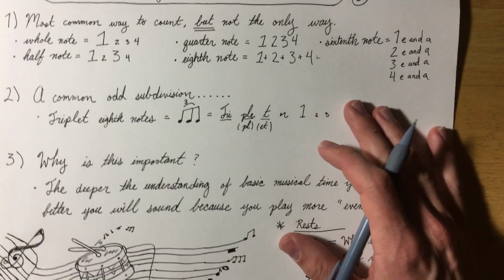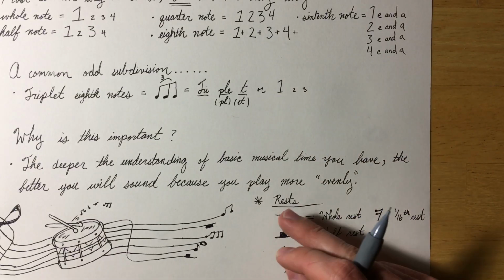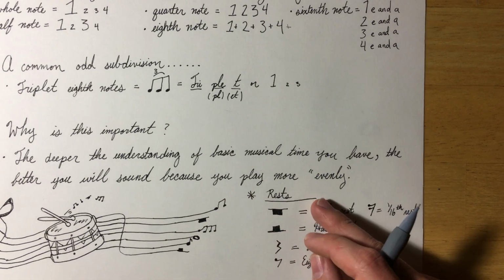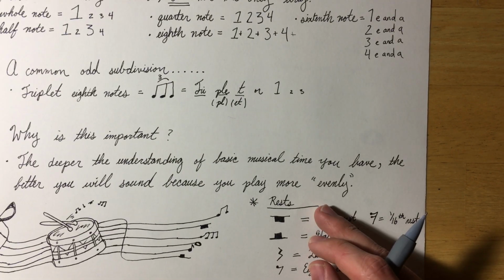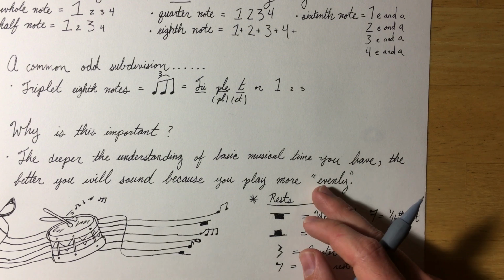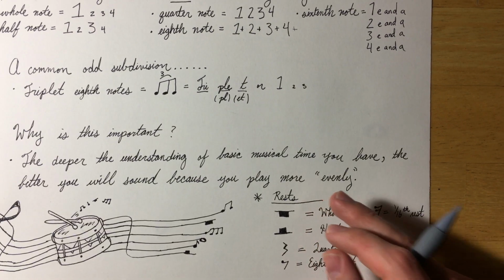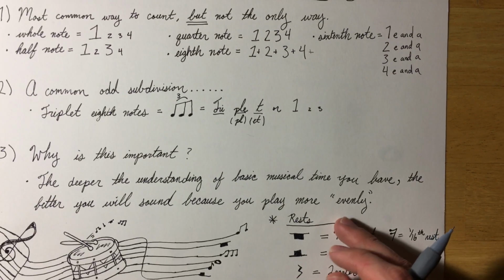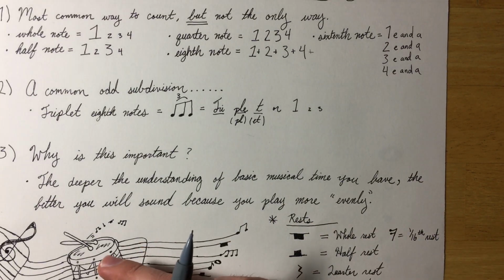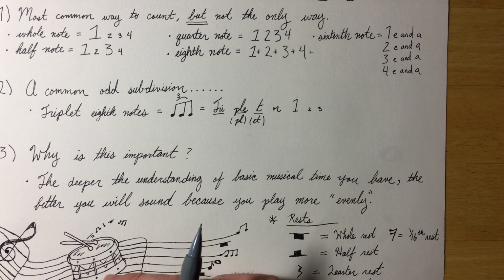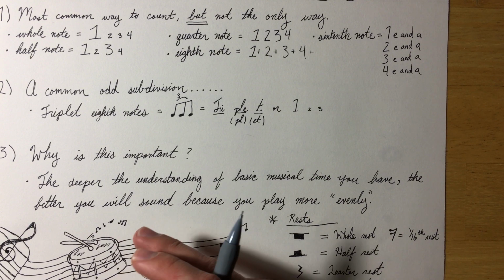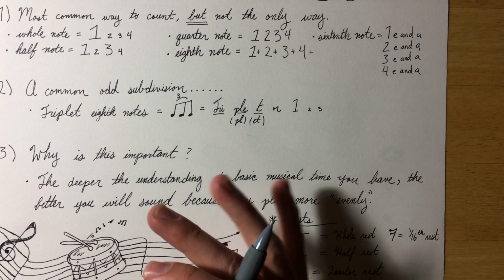I want to touch base real quick on why this is important, mainly because when you play with other musicians, if you don't have good time, they're going to know right away. Time is the foundation for being able to sound good, especially when you record. There were many years that I kind of blew it off, and I always wondered why my recordings did not sound as good. It's because I didn't have a good grasp and understanding of time.